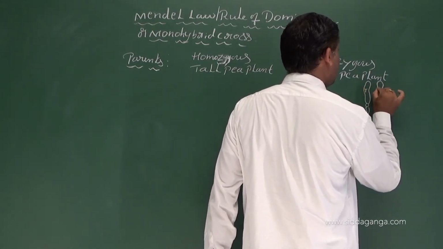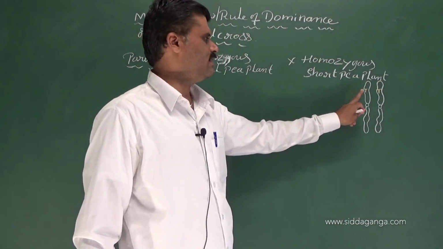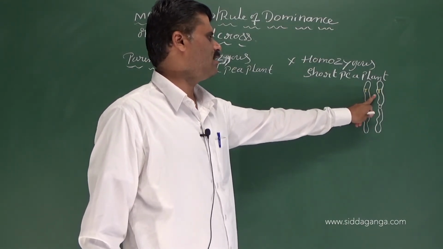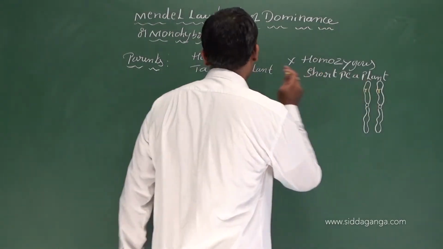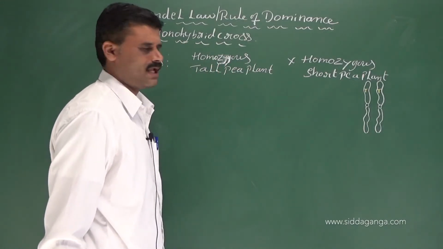See, the height character is controlled by two genes. If the two genes are similar, that is representing the tall, then it is called as homozygous tall pea plant.